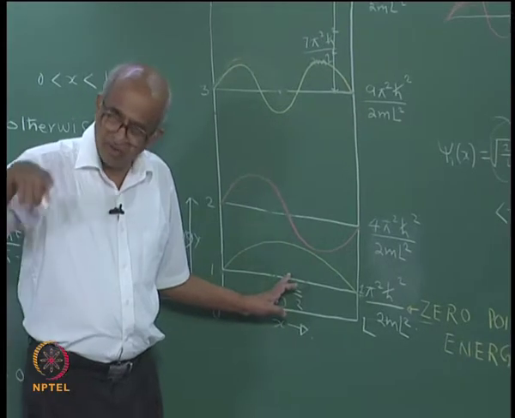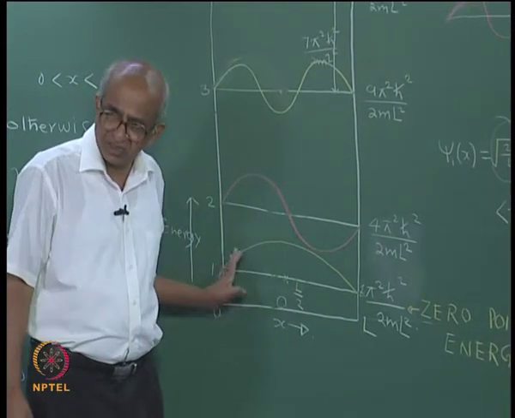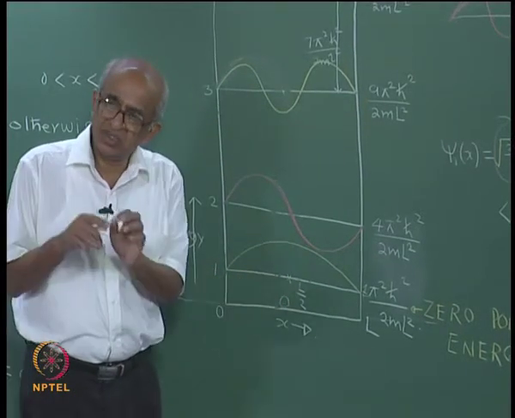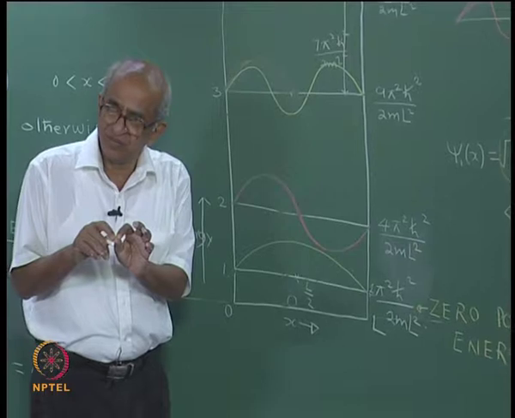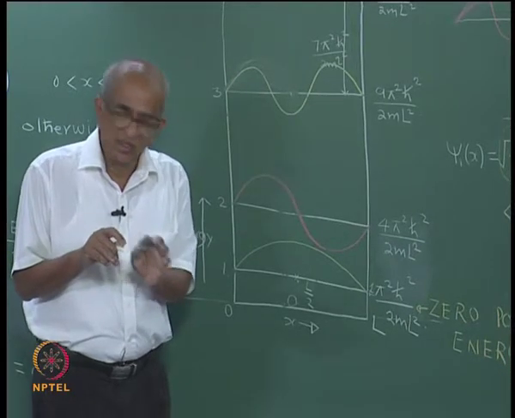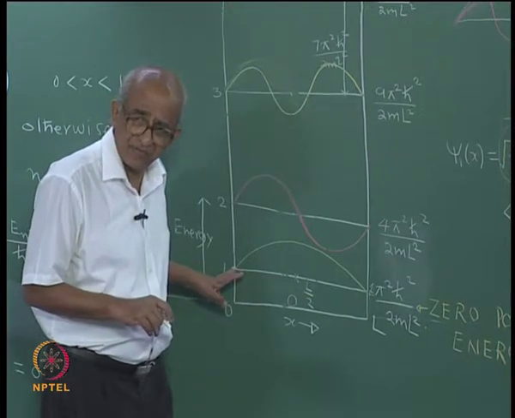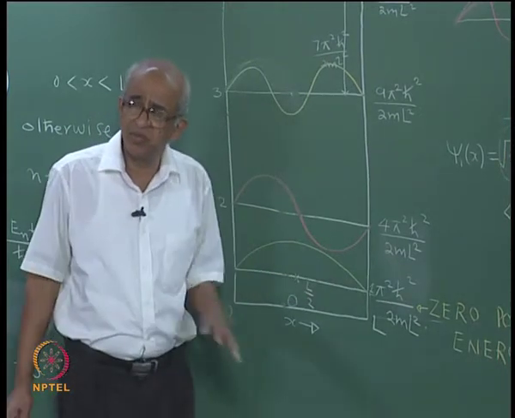And if you look at the square of the wave function, you will find that even the square of the wave function is symmetric about that point, which means that when I make a measurement, the particle may be found to the left of this point or to the right of the point with equal chance.